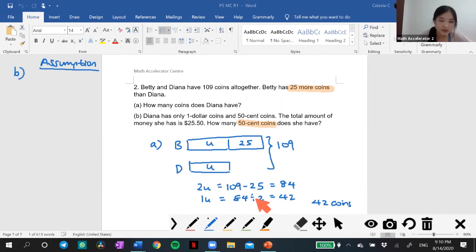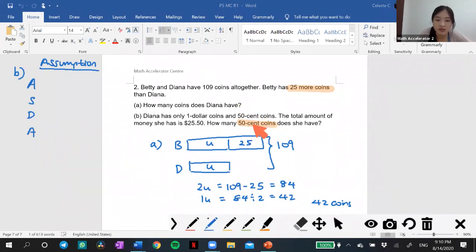Assumption was the acronym A what? ASDA. Asta, correct.